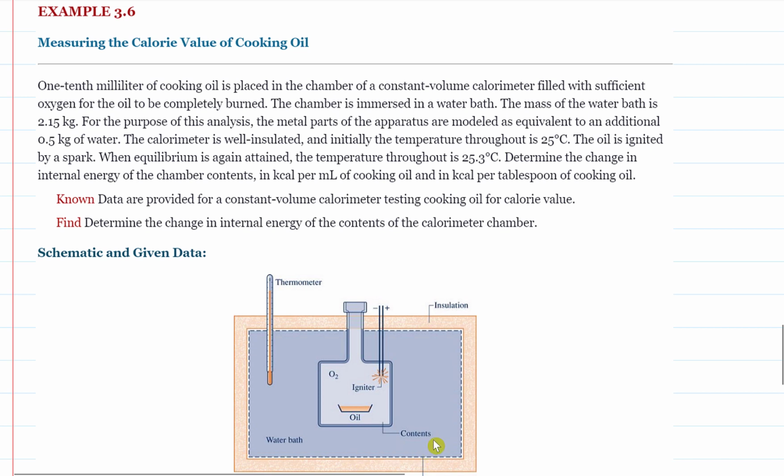For the purpose of this analysis, the metal parts of the apparatus are modeled as equivalent to an additional 0.5 kilogram of water. The calorimeter is well insulated, so there is no heat crossing the system boundaries. Initially, the temperature throughout is 25 degrees Celsius.